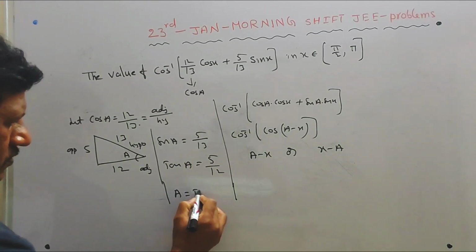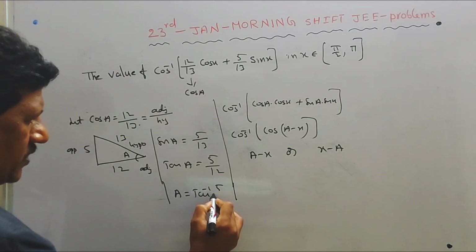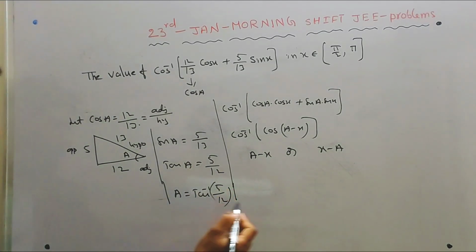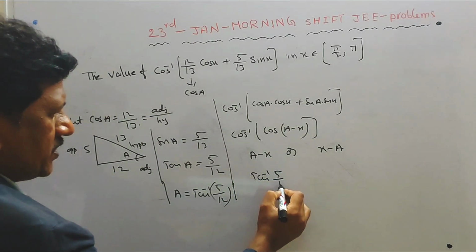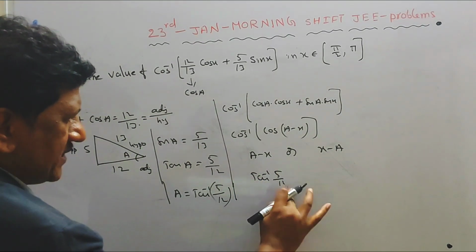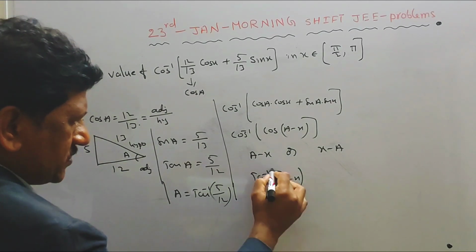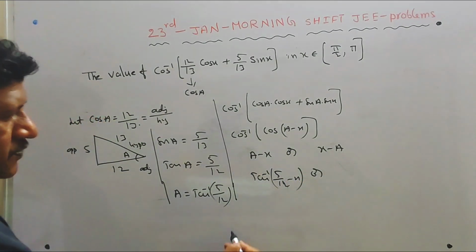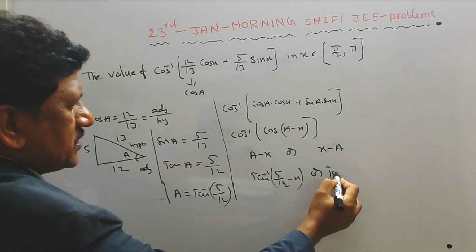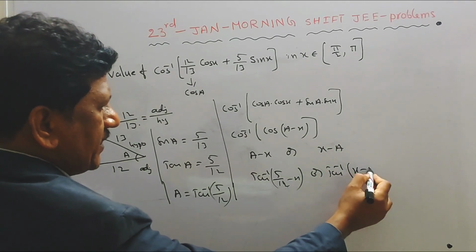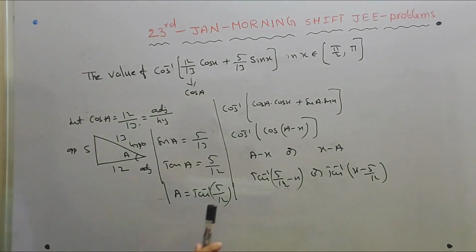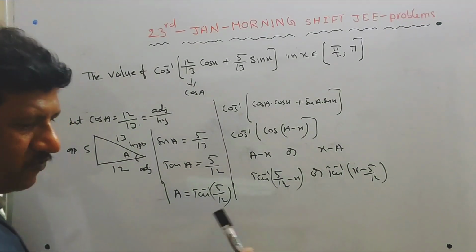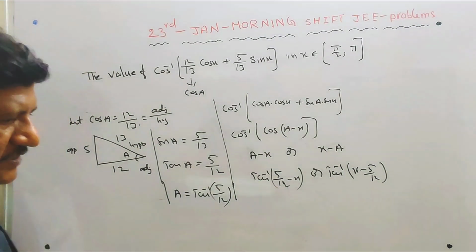A is equal to tan inverse of 5 by 12. So here we can write tan inverse of 5 by 12 minus x, or one more option is tan inverse of x minus 5 by 12 also. Both are correct only. So whichever answer is there in the given 4 options, you can mark that.